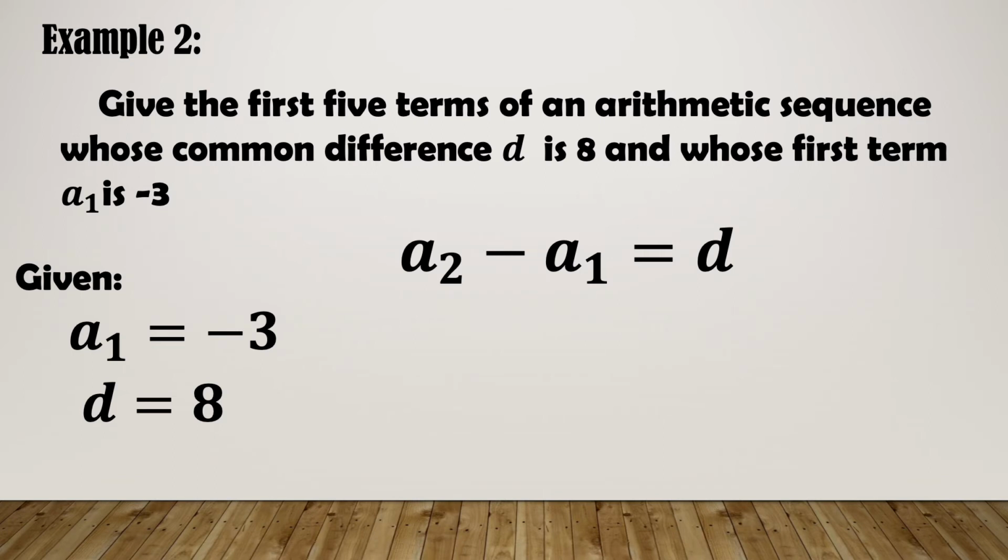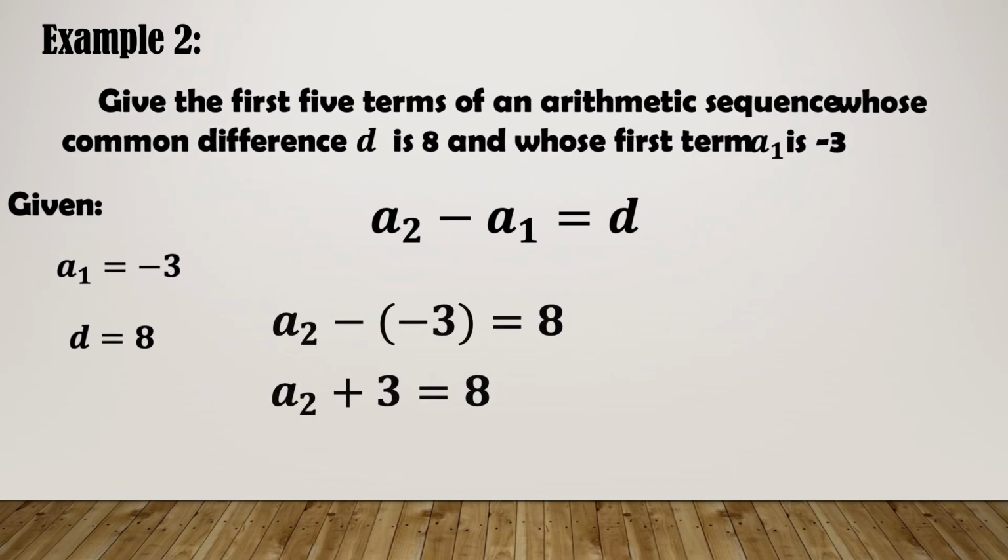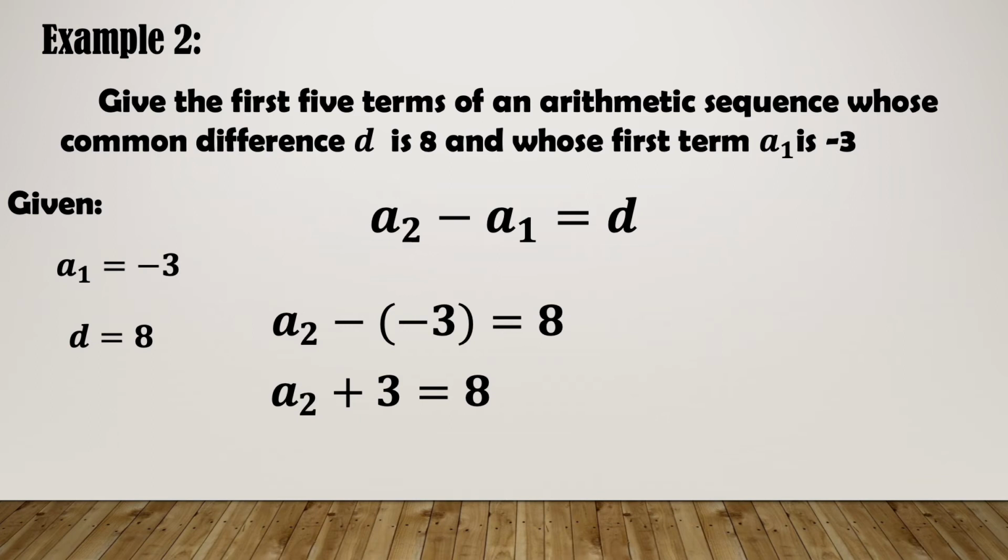Here's the formula. So let's substitute. A sub 2 minus -3 is equal to 8. So negative times negative is positive. So a sub 2 plus 3 is equal to 8. Now, let's subtract both sides by 3. So the answer will be a sub 2 is equal to 8 minus 3. So a sub 2 is equal to 5.